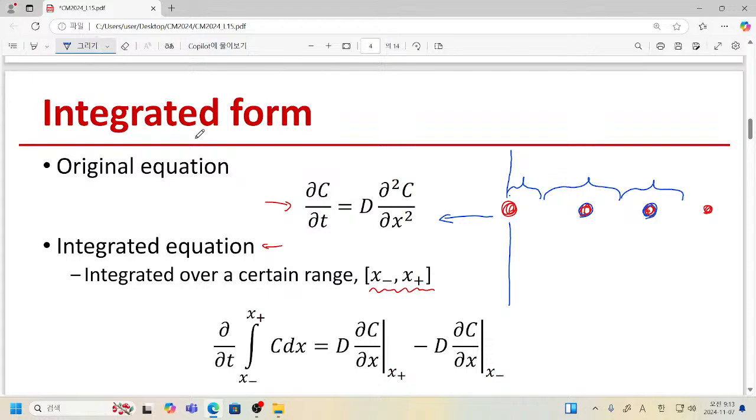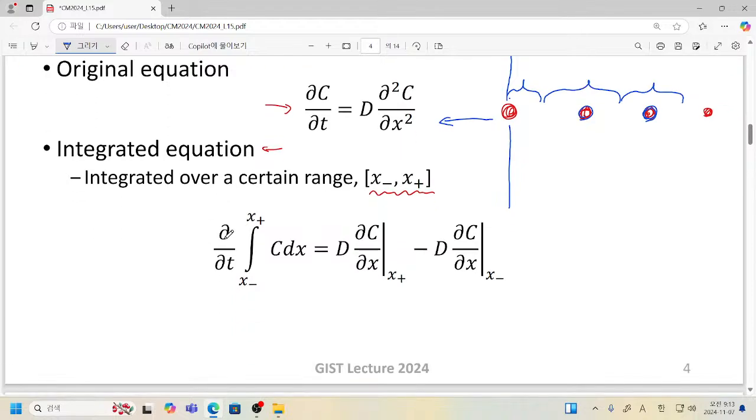So in our case, for example, let's think about x plus and x minus. For this node, what is x plus and x minus? The upper and lower limit of our integration. For this node, this point would be x plus node, and this would be x minus node.